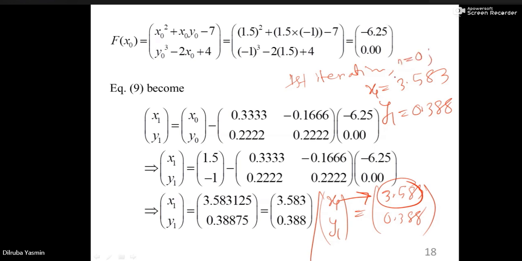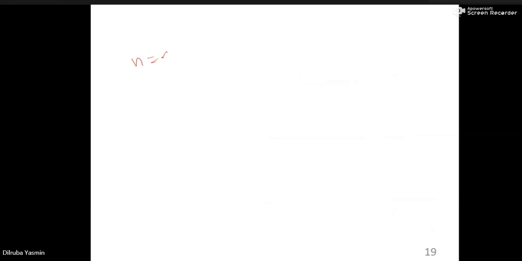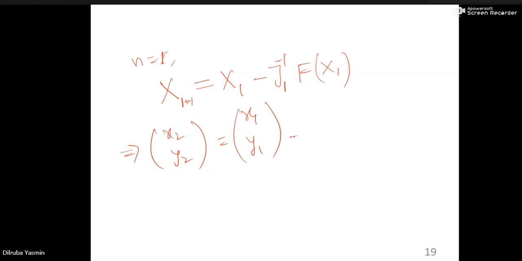If I ask you to do the second iteration, then you have to consider n equal to 1. Then you will get the variable matrix like this. So what you get from here, x2, y2, is equal to x1, y1, minus the inverse Jacobian matrix at x1, y1.